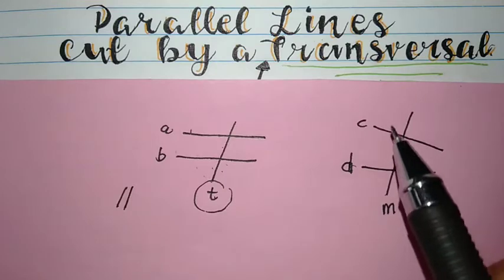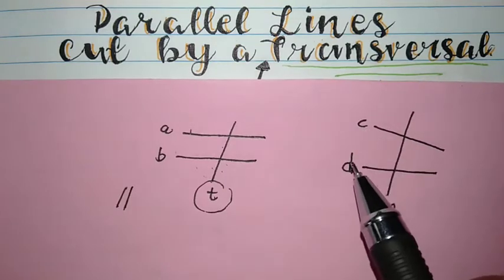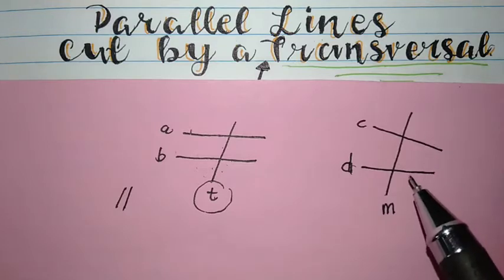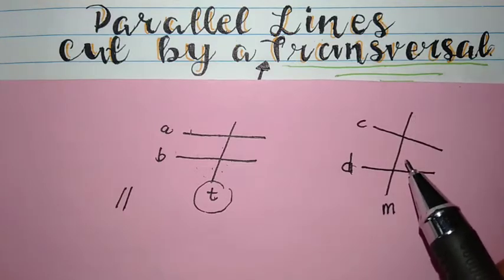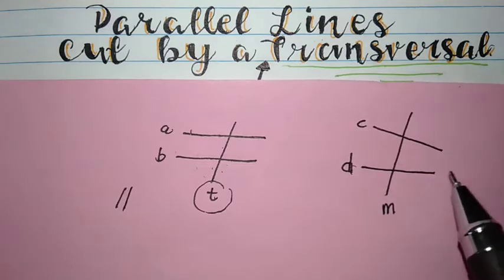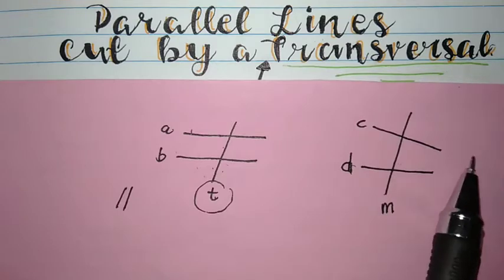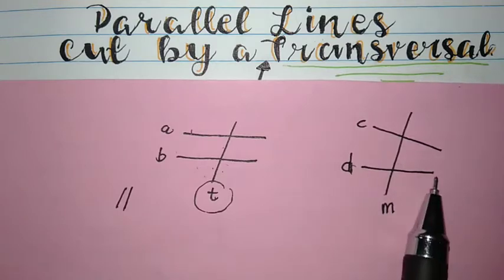For the next figure, we have line C and line D. Ito naman yung two coplanar lines, right? Hindi sila parallel. Why? Kasi kapag in-extend mo tong dalawang to, may chance na mag-intersect sila. Hindi nyo man makita yan dito, pero kapag in-extend mo yan, mag-intersect sila at one point.